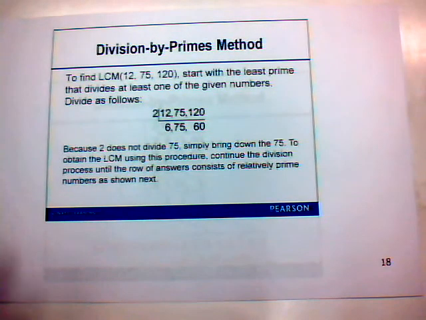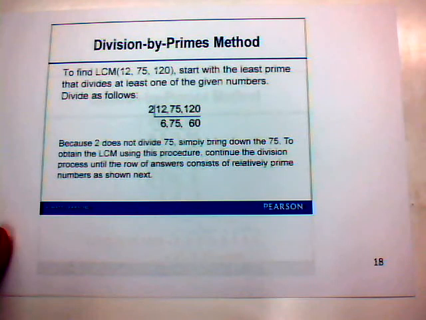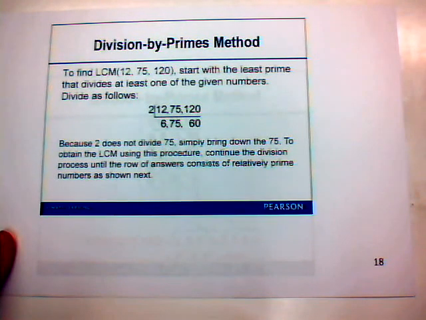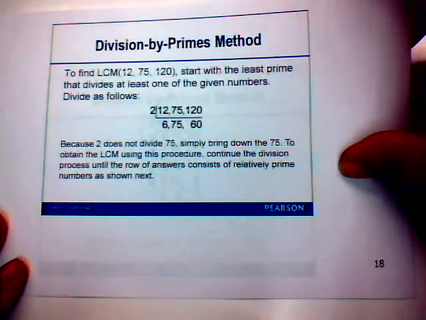But because 2 does not divide 75, we just simply bring down the 75. To obtain the LCM using this procedure, we continue the process until the row of answers consists of relatively prime numbers as shown next.